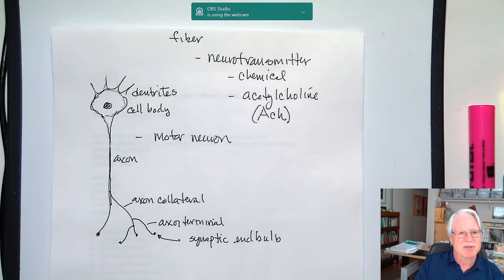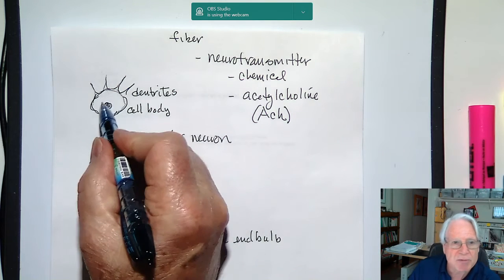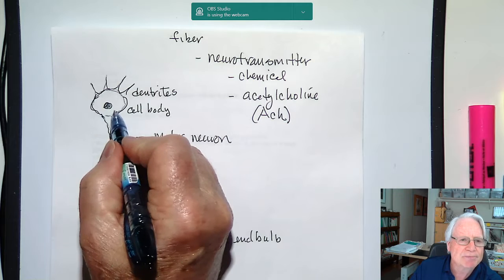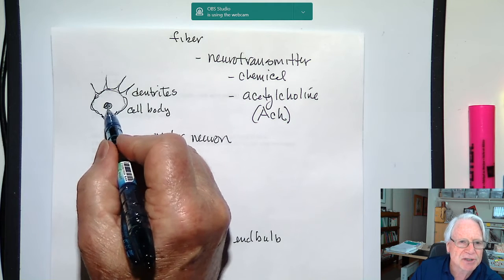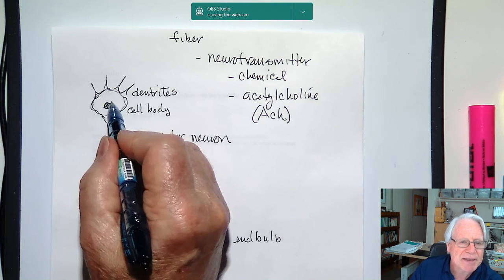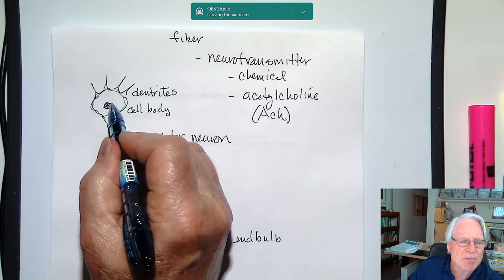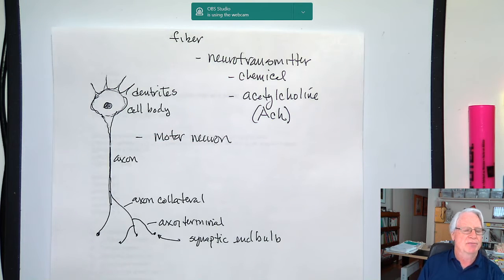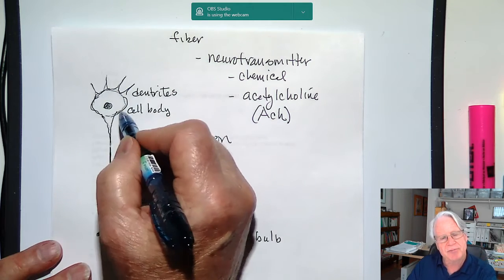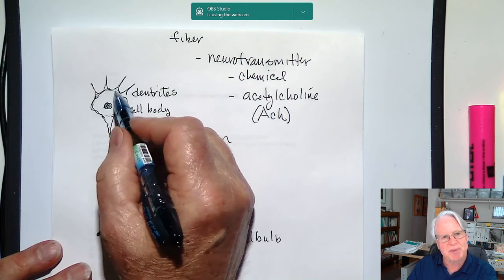So the order of movement: we're going to generate what is called an action potential here in the body cell. So we're going to stimulate this. And this cell body is typically in the spinal cord someplace. So the body of the cell is in the spinal cord.